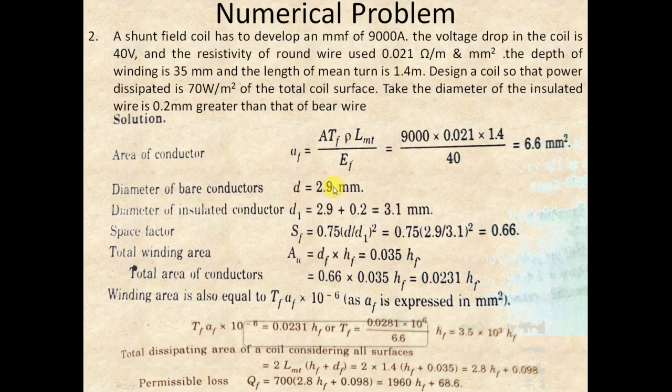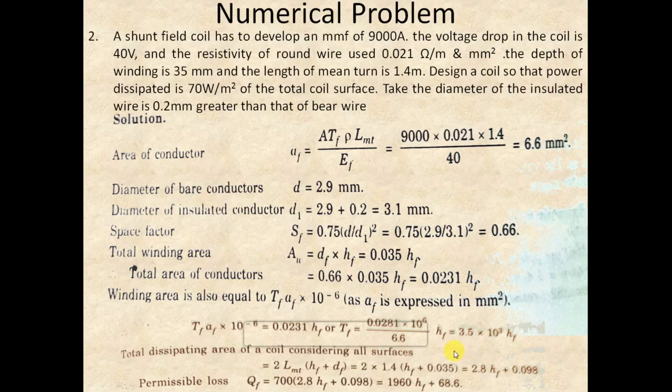Once the diameter of the bare conductor is known, we can get the diameter of the insulated conductor by adding it with 0.2 mm. If we know these two terms, we can easily solve the value of space factor, that is copper space factor, by using this relation. Now using the equation of copper space factor, that is SF HF DF is equal to TF AF, we can get a relation in HF and TF.